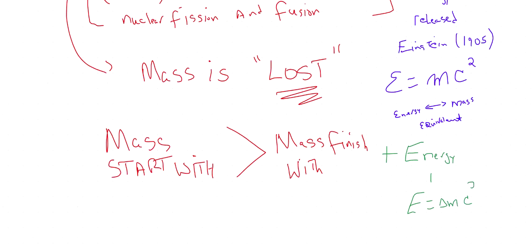So this bit of mass that's missing was converted to energy. In all nuclear reactions, there's mass missing, but it's not really missing. The missing mass is converted to energy.